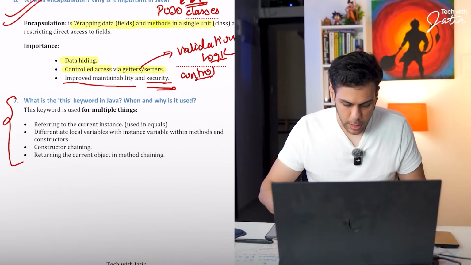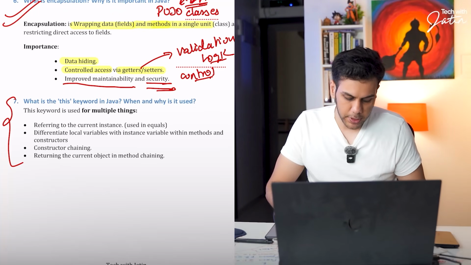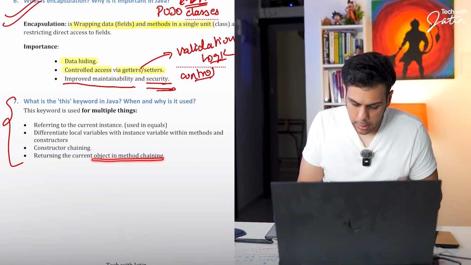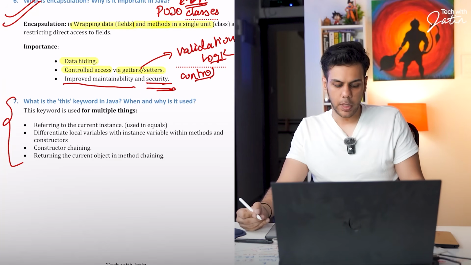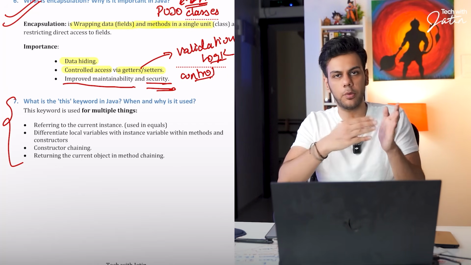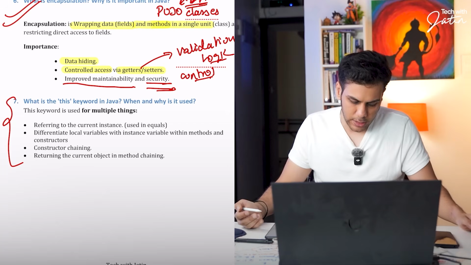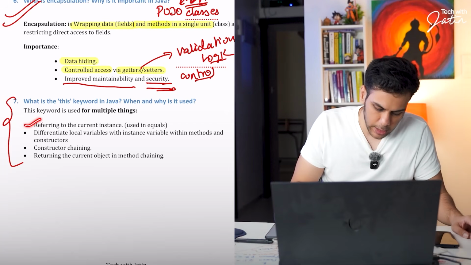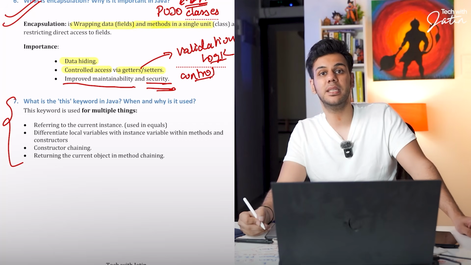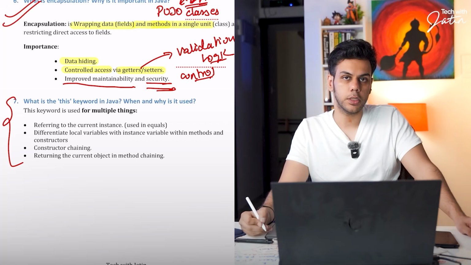Perfect. Now, the next thing is returning the current object in method chaining. If I want to return the current object when I'm doing method chaining, I can use the this keyword. So these are the four places where you will be using the this keyword in your Java.